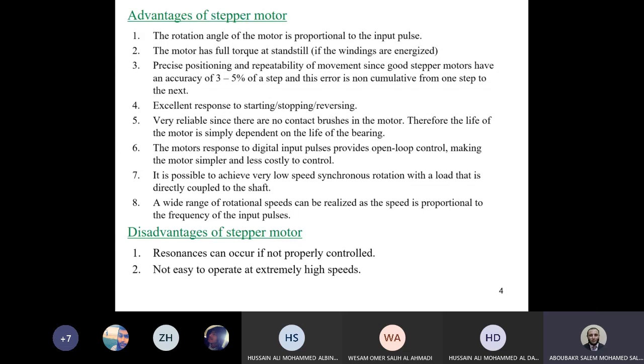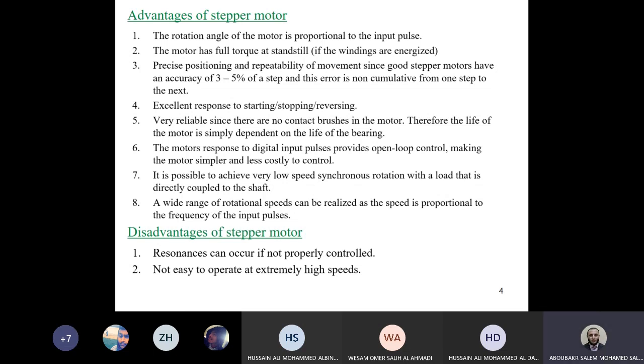So for very high speeds, we prefer to operate other kinds of machines in the mode of field weakening at high speeds. However, the stepper motor is not preferred at these field weakening or high speeds.